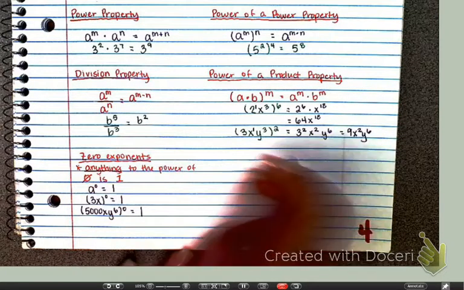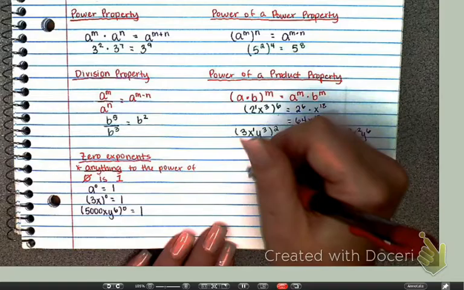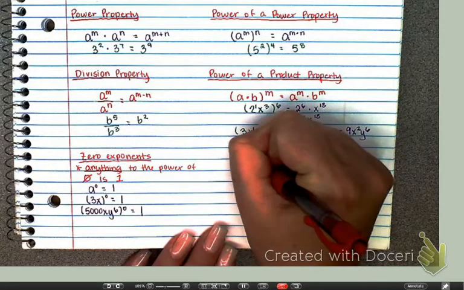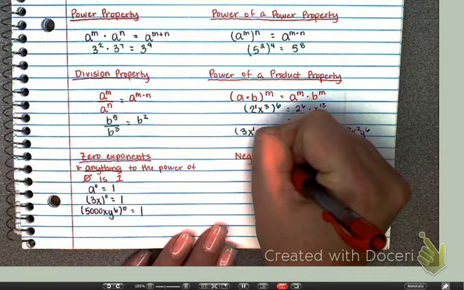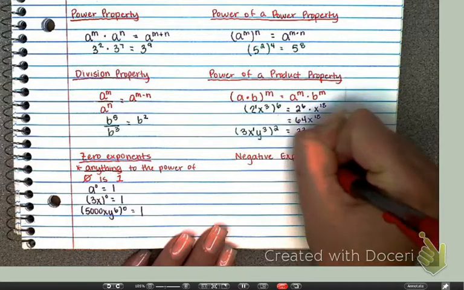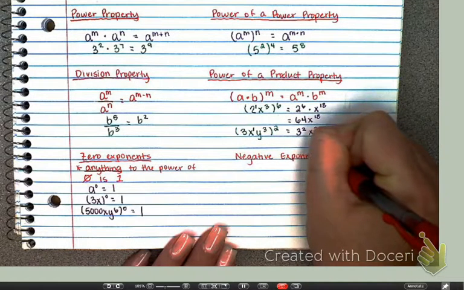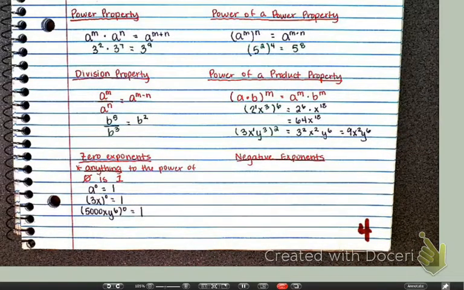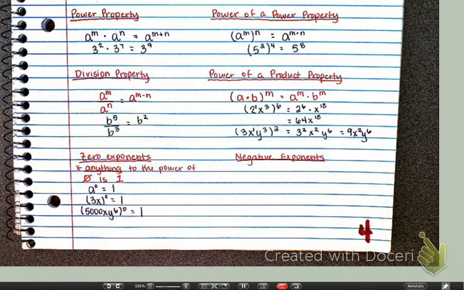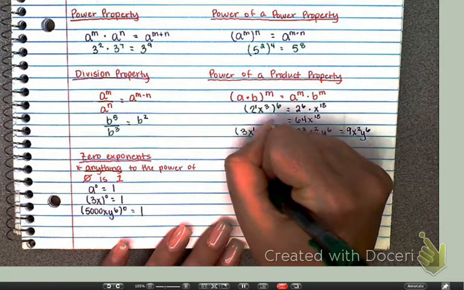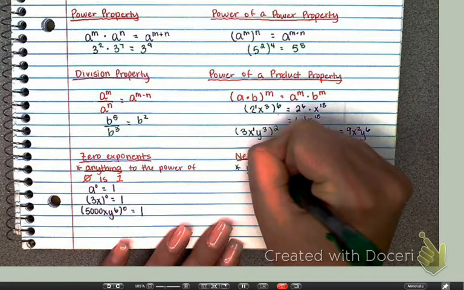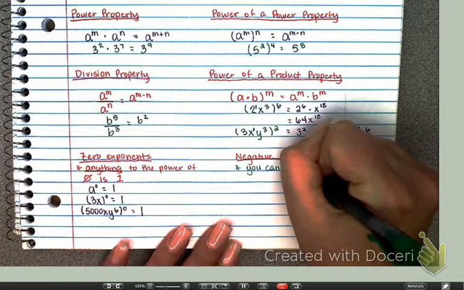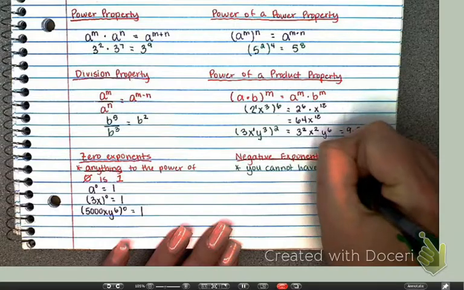Last thing I want to talk about, and then I'll let you pack up. Okay, negative exponents. Last thing. You cannot have negative exponents.